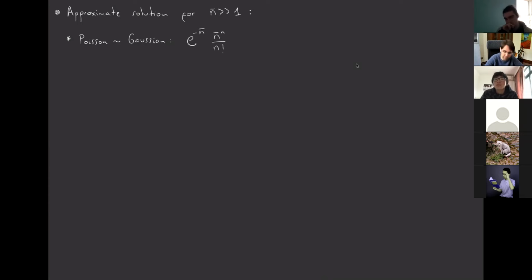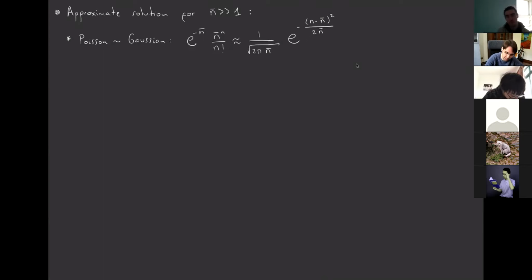So this means that we approximate this distribution by a Gaussian that is peaked at a photon number n bar and has a width that is square root of n. I mean, the variance is n, so the width of the distribution is the square root of n. If you remember, this is what a Poisson distribution gives you, okay?